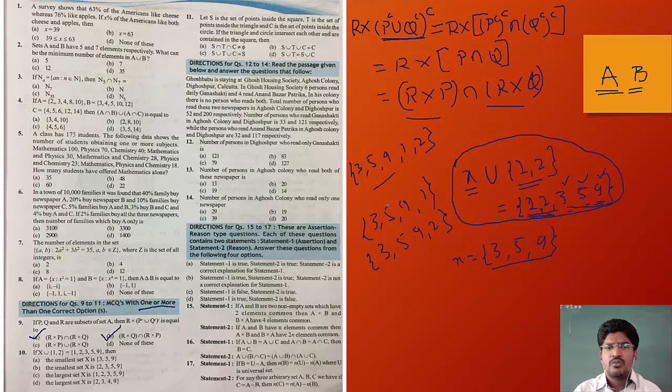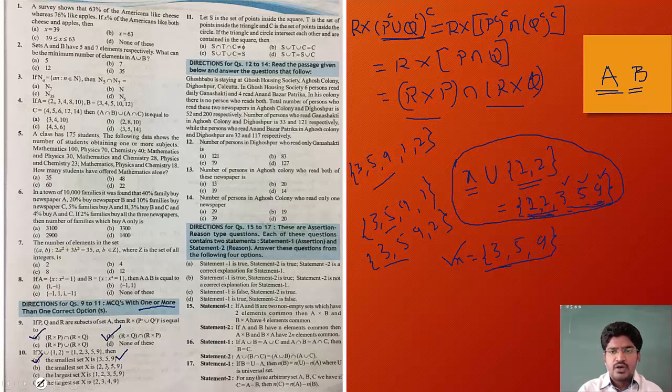But from these 4, which one is the minimum? This one, 3, 5, 9, this is the minimum one, clear. So, for the 10th question, minimum set is {3, 5, 9}. That means the smallest set x is {3, 5, 9}. So, option A is correct.